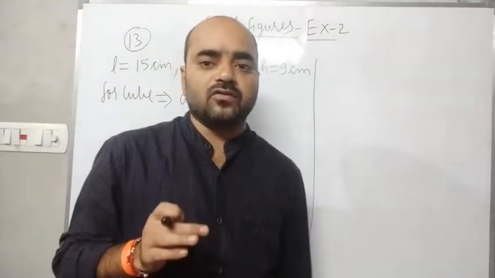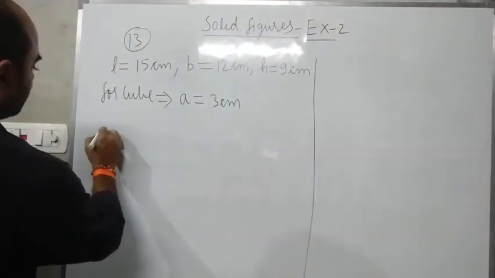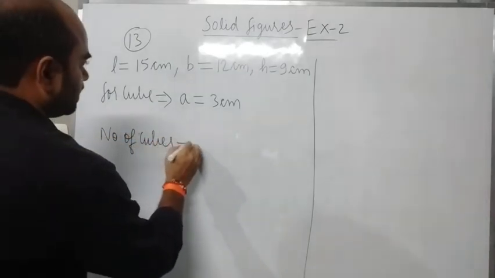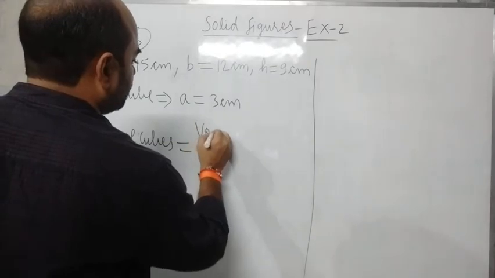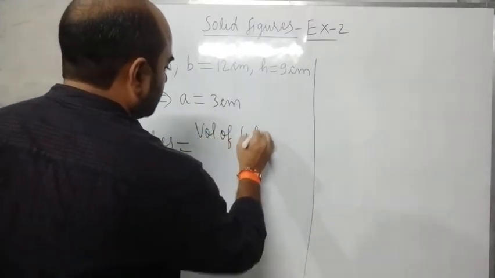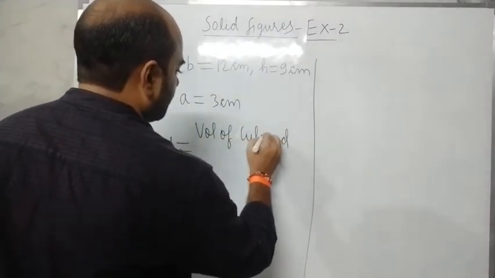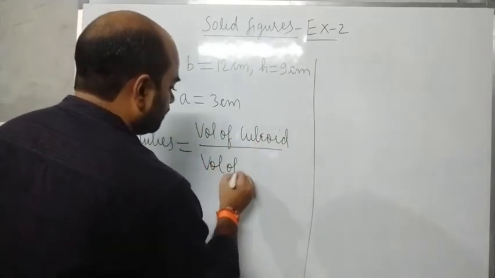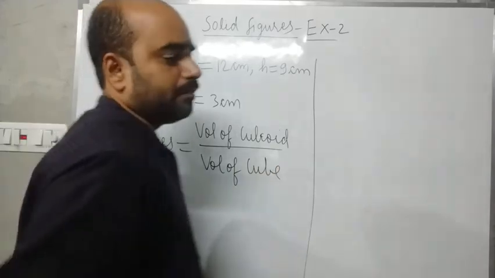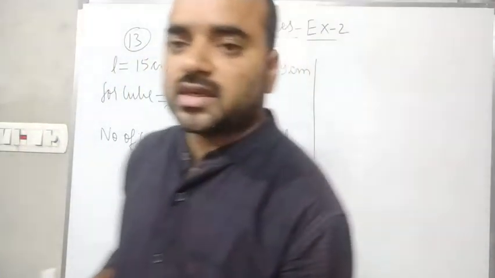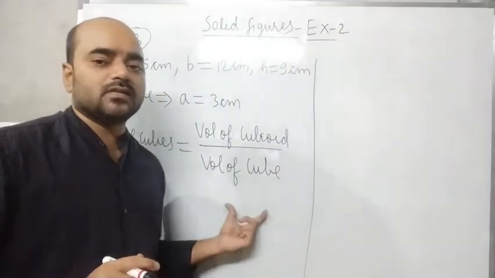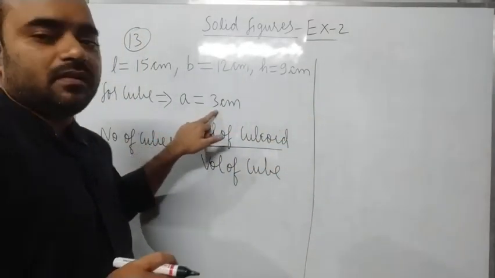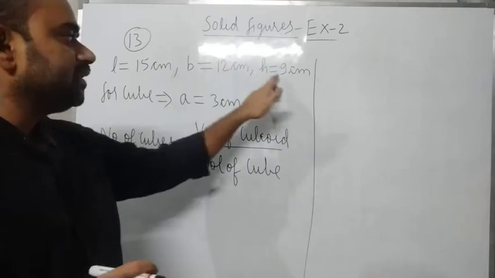For these kinds of questions, the formula is number of cubes equals volume of cuboid upon volume of cube. But one condition is there. What is the condition? We can apply this formula only when the edge of the cube is a factor of all the dimensions of the cuboid.